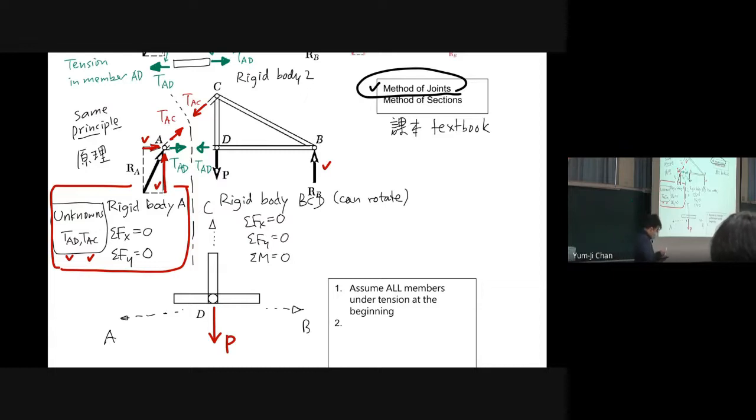By the same method, we have TAD, this is given here, and using the same method we have TBD and TCD.